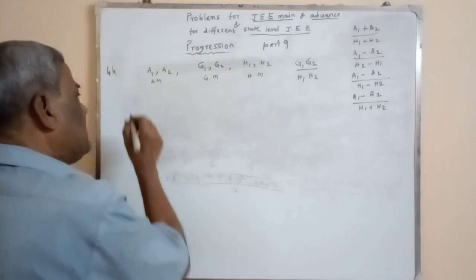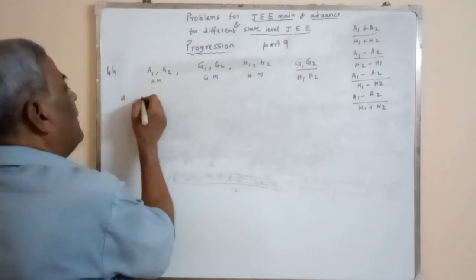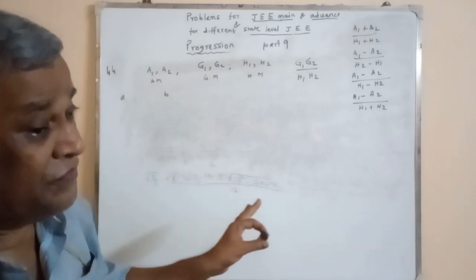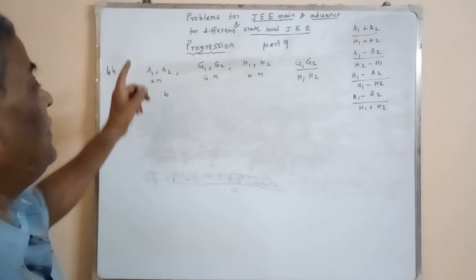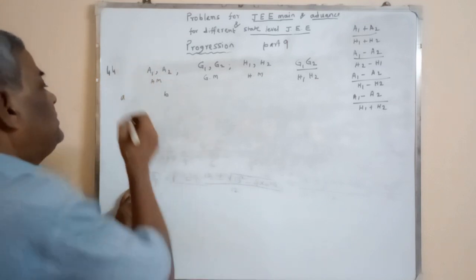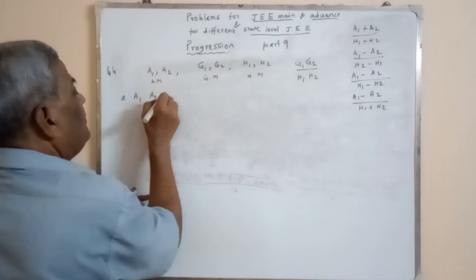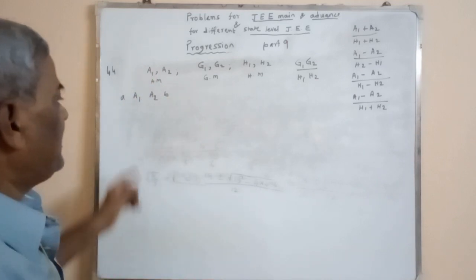Clearly, suppose that A and B are the two given numbers. And between them, A1 and A2 are two arithmetic means.